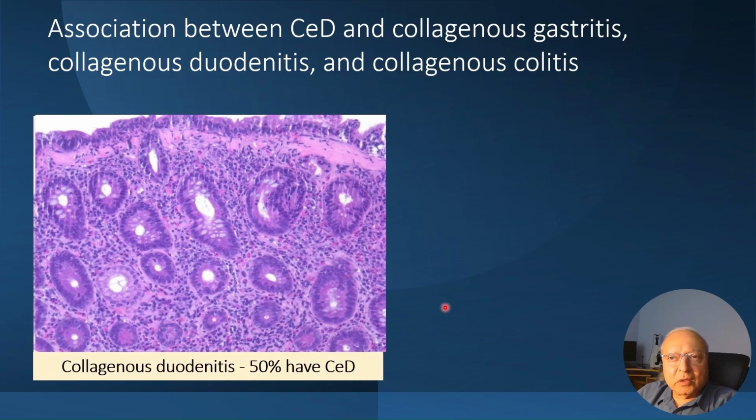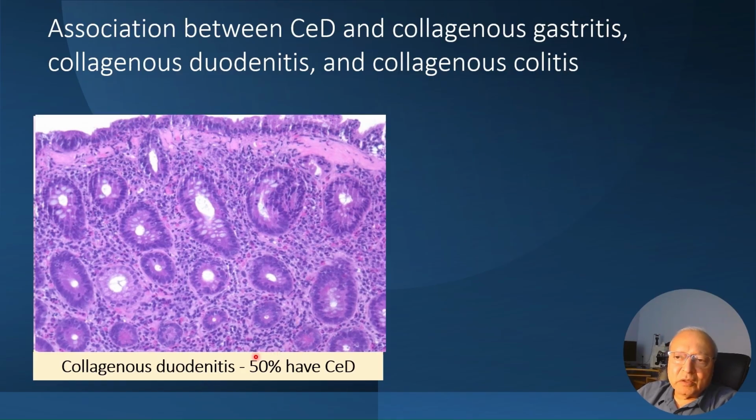The other is duodenum itself, along with the lymphocytic duodenitis, may also have thickened collagen band, and this is sometimes described as a collagenous sprue. And these patients tend to have refractory celiac disease with resistance to gluten-free diet for symptoms.